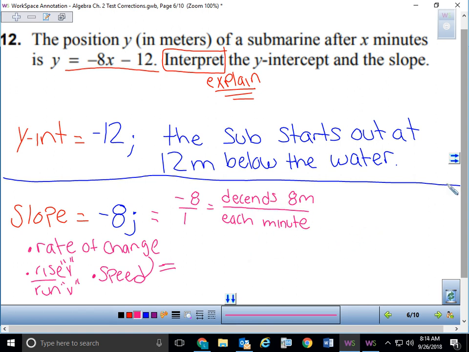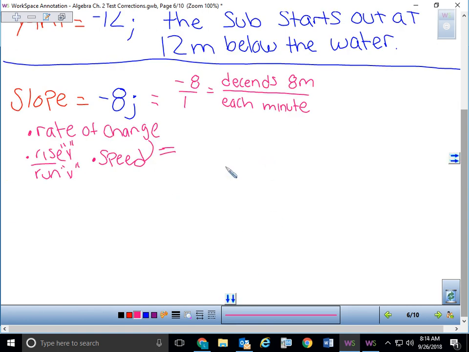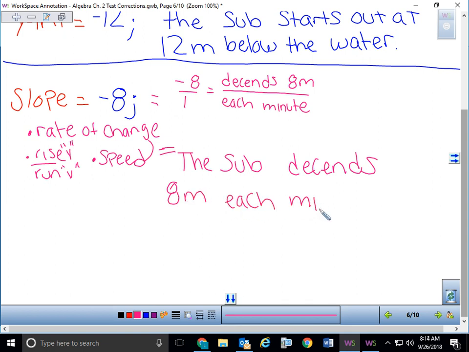So I'll give you options here. Our slope means the sub descends 8 meters each minute. Or you could also say the speed. I like that one. I think that one sounds nice.